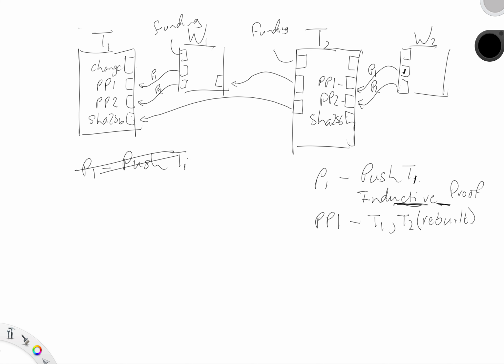The parent of T2 gets pushed here, and then if T1 has a parent, the parent of T1 will get pushed here. If there is a T0, for example, with its own witness W0 over here, then we will push T0 here. But if this is the issuance transaction, then none of that happens. But let's say for the sake of argument that P1 pushes T0 and then T1 gets rebuilt in script over here. This is the bit that does the inductive proof.